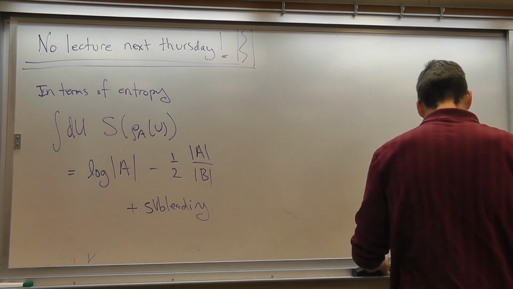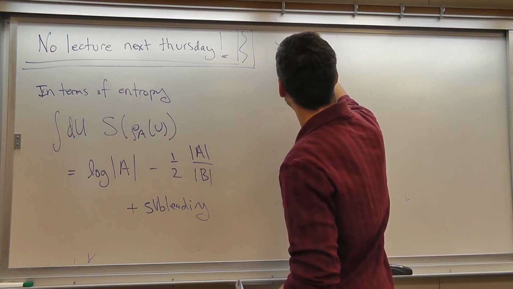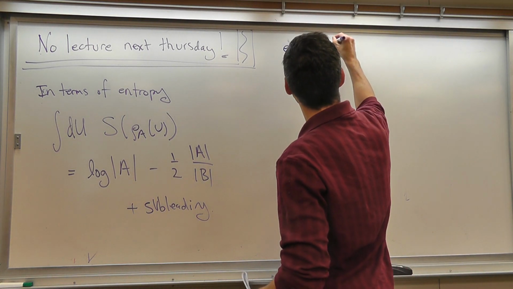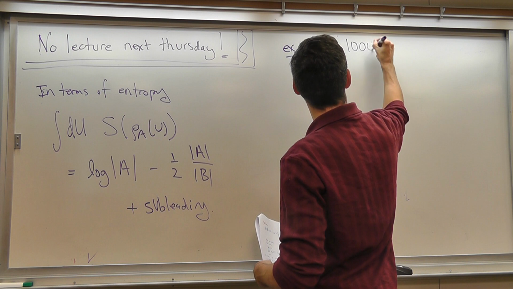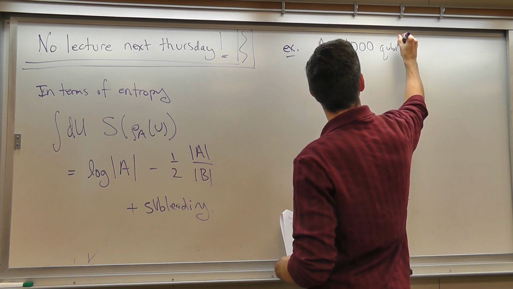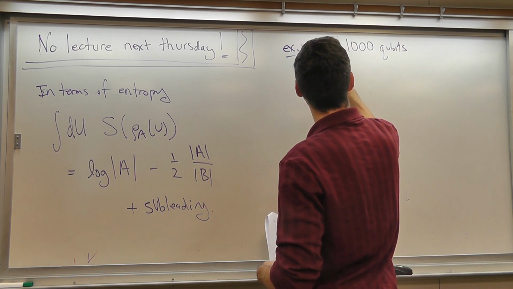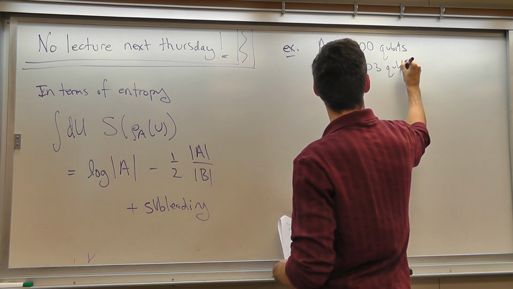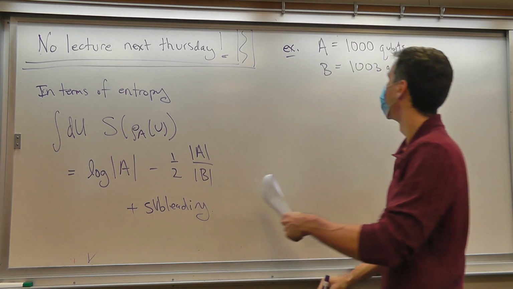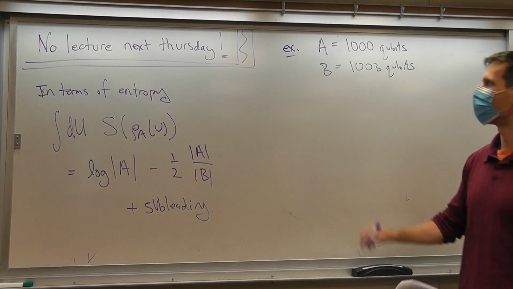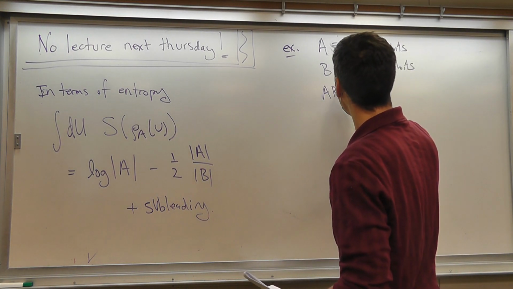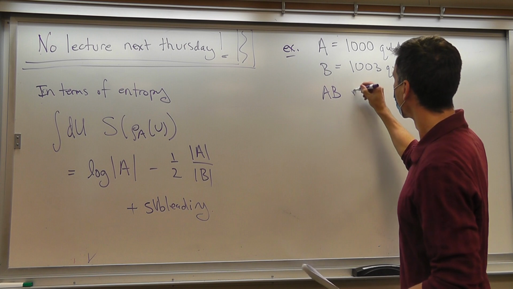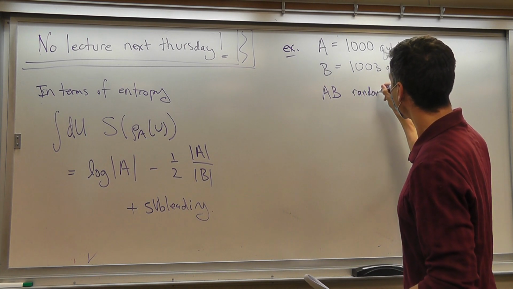For example, say region A is 1,000 qubits. Region B is 1,003 qubits. And AB, the full system, is in a random state.